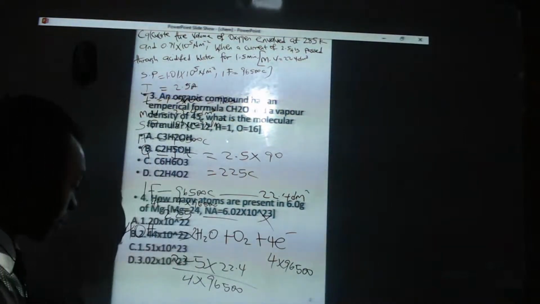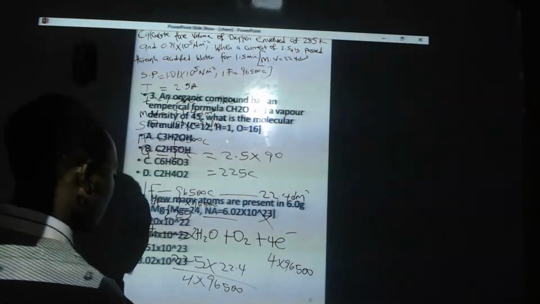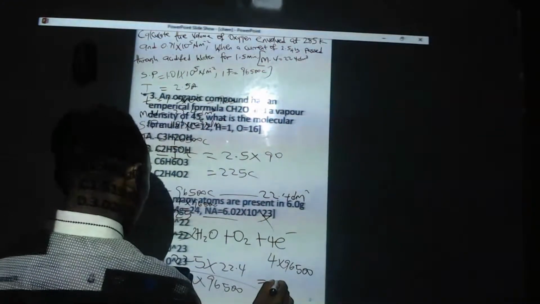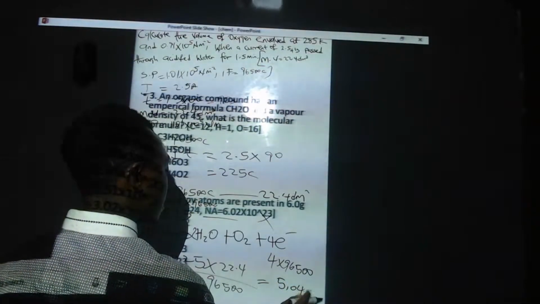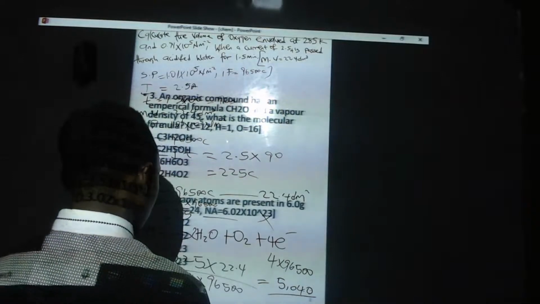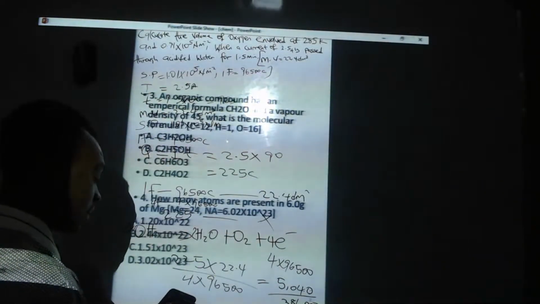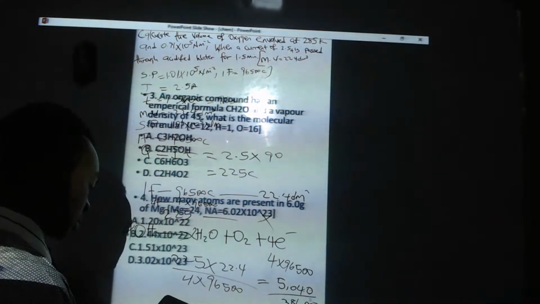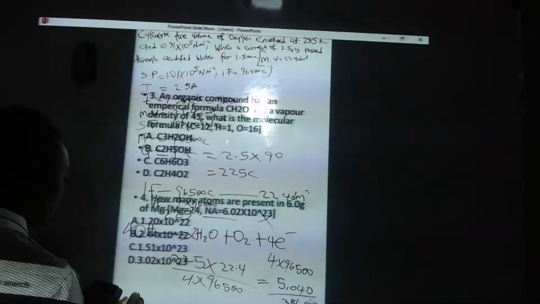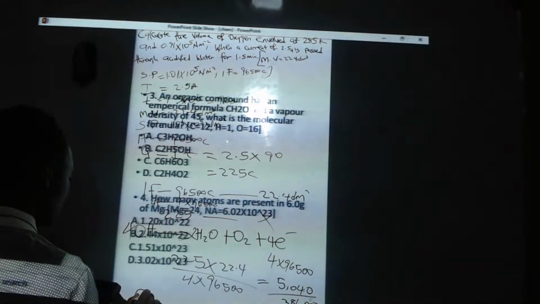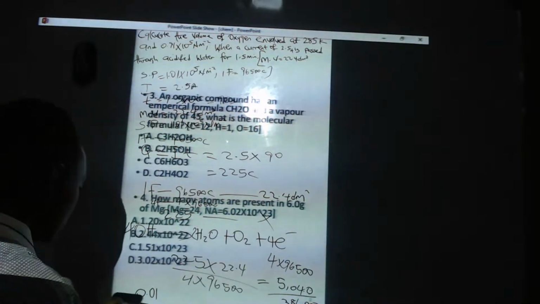Now we're going to be multiplying them, so here we'll be getting 5040. Then 5040 divided by 386,000. So this will be giving you 0.01.